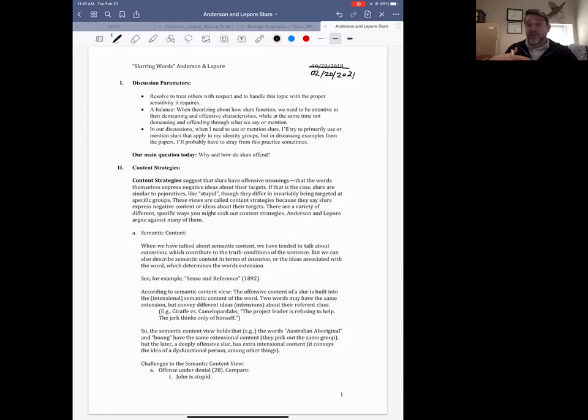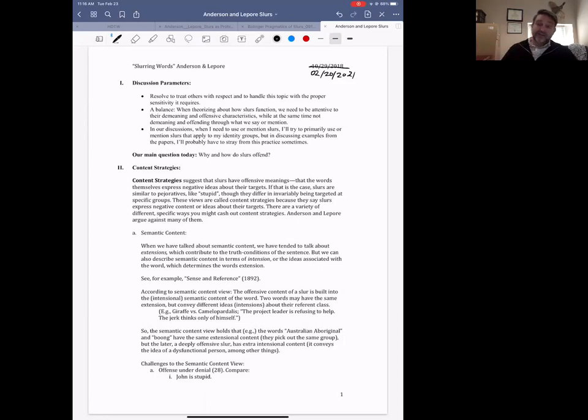You might think of this position as one that a semantic minimalist would embrace about slurs. They might say, well, look, slurs are offensive because their meaning contains these offensive components, these offensive ideas.